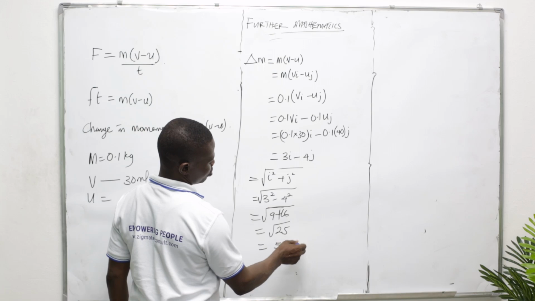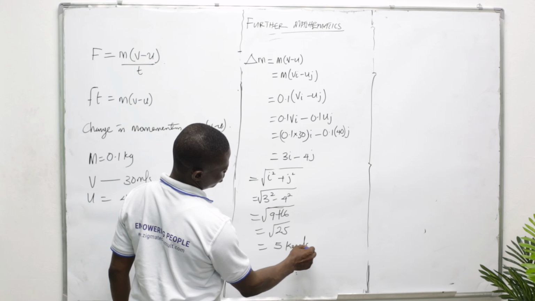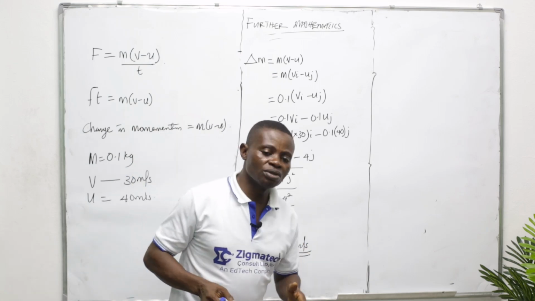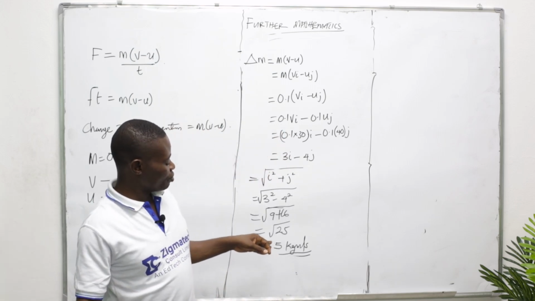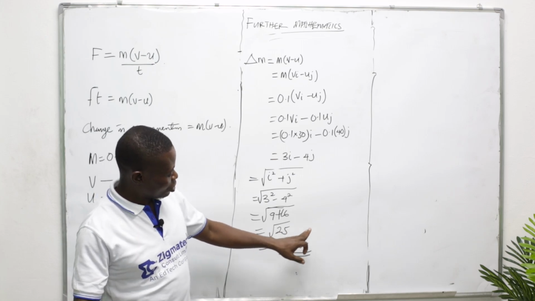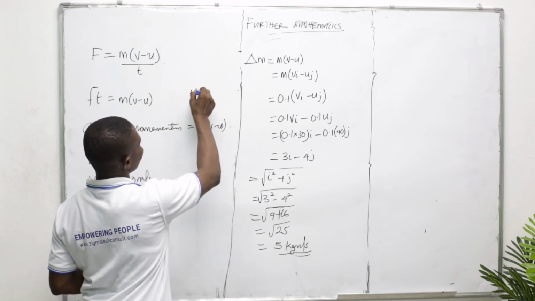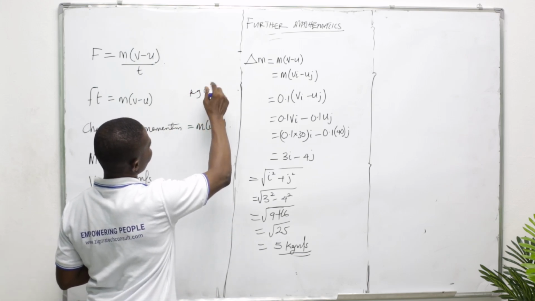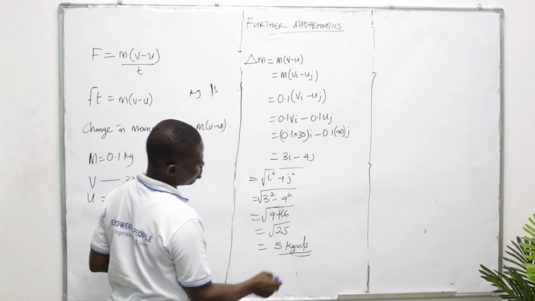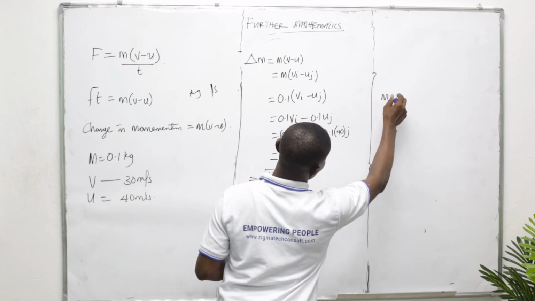That's kilogram meter per second. Because what? Momentum is the product of mass and velocity. Kilogram per seconds, where this is mass, then seconds is dealing with time.